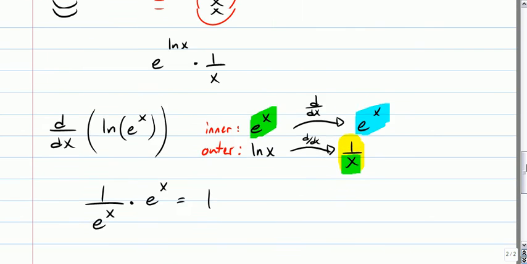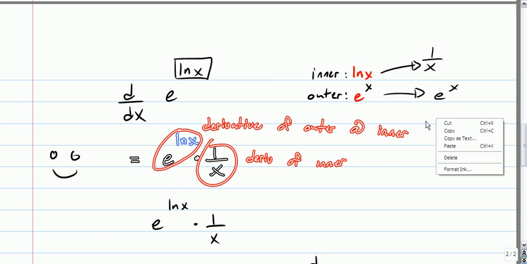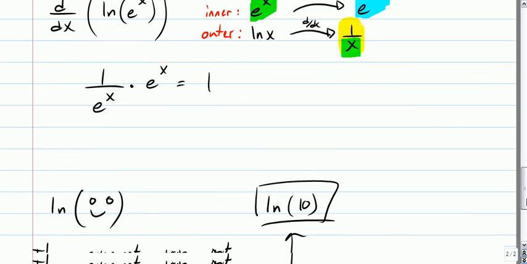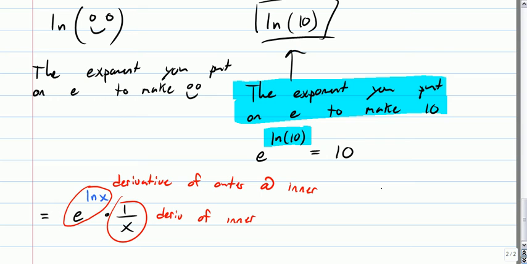So come back up. E to the natural log of x. I'm looking at this yellow thing.